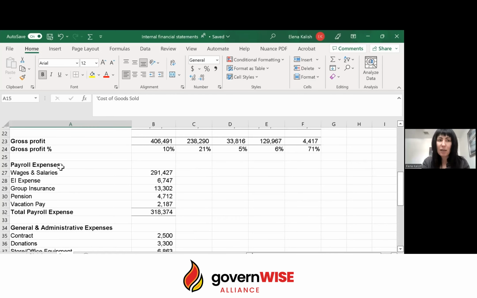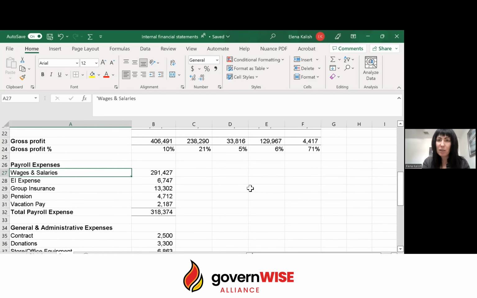In this case, they keep track of payroll expenses separately because they're the highest expense category. And then there is the general and administrative expenses, listed by categories that make sense for this business, the community store. So let's look at our gross profit concept.